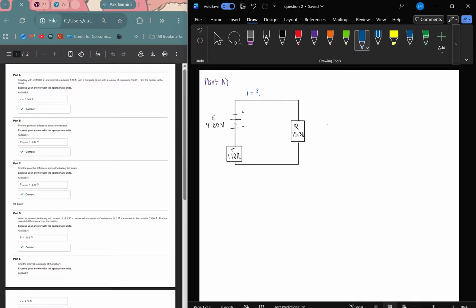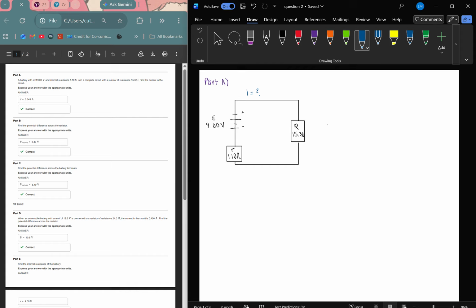So let me explain the circuit one more time. I drew the battery. The battery is like the source. So inside the battery is the voltage source, which is called the electromotive force or EMF. That's where I put the little Greek letter epsilon.